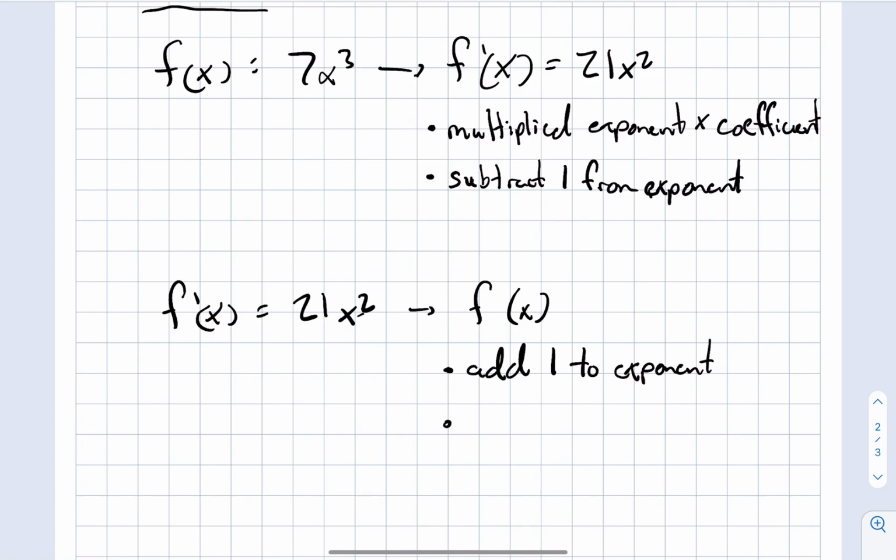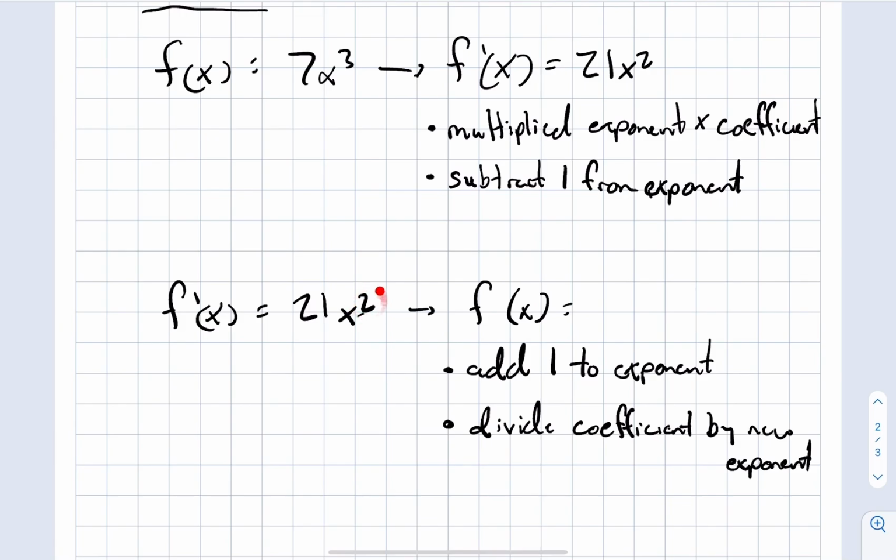And then after we're done adding 1 to the exponent, instead of multiplying the exponent times the coefficient, we are going to divide the coefficient by the new exponent.